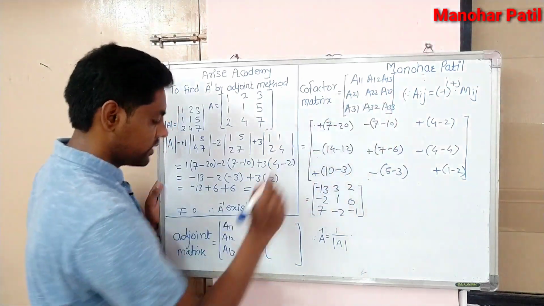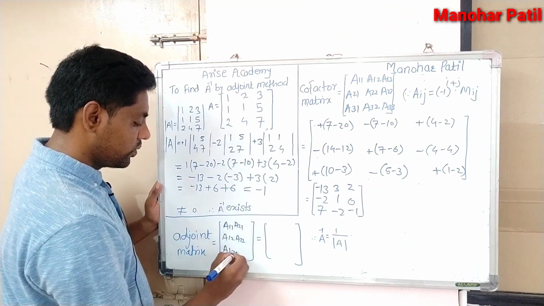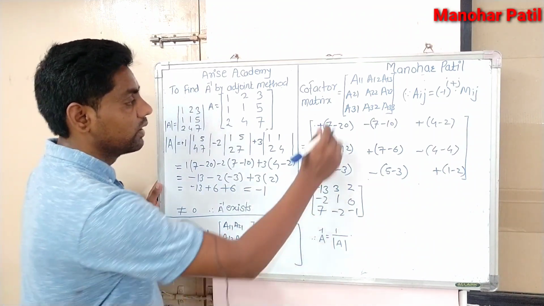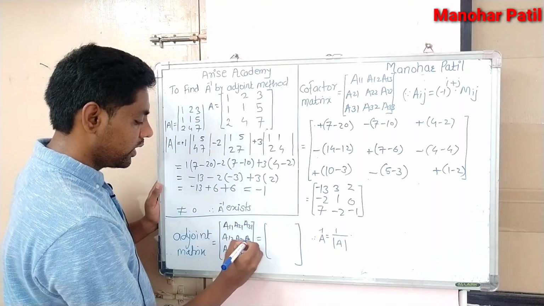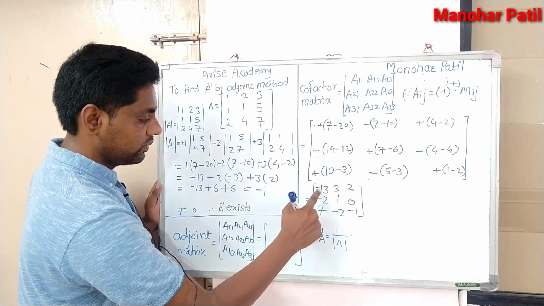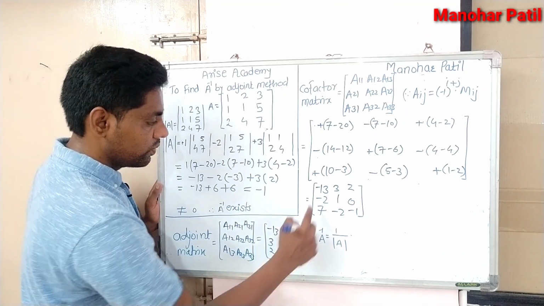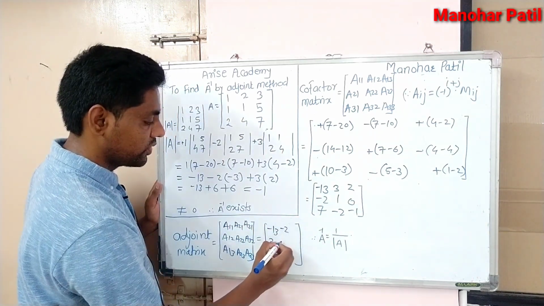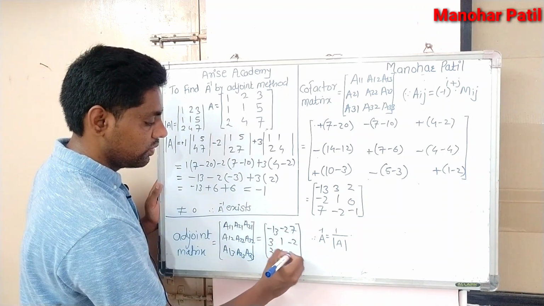The second row becomes the second column: A21, A22, A23. The third row becomes the third column: A31, A32, A33. Therefore write down minus 13, 3, 2. The second row becomes the second column: minus 2, 1, 0. Then 7, minus 2, minus 1.